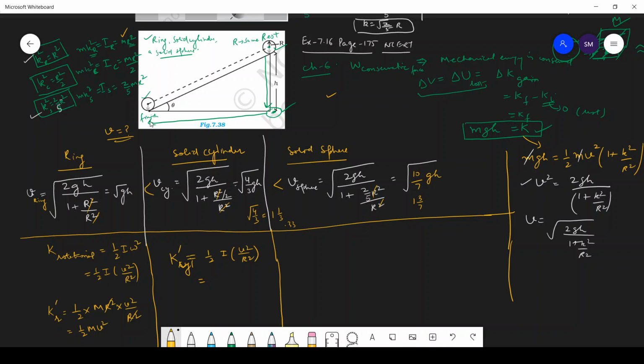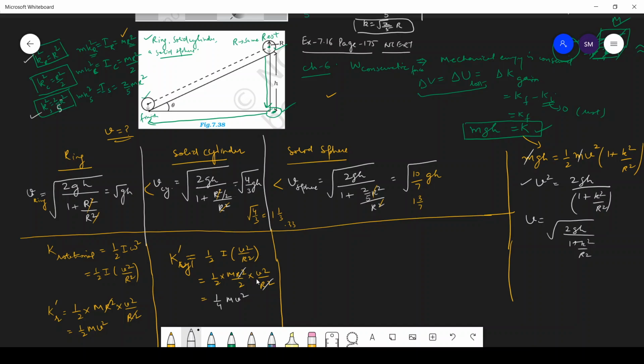So what's the value for cylinder? Moment of inertia is mr square by 2. So half into mr square by 2 into V square by R square. So here also R square got cancelled out and we get 1 by 4 m V square.